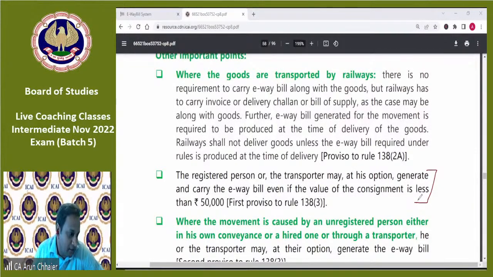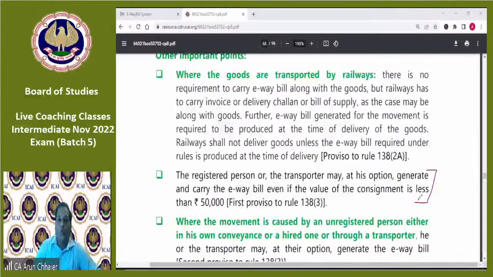Yes, right, Pooja. I'm asking the question about e-invoicing, I'm not asking about the e-way bill. If my turnover is less than 20 crore, can I generate e-invoicing optionally?